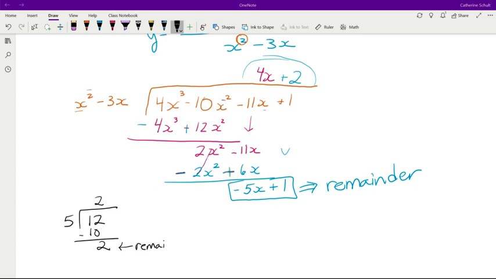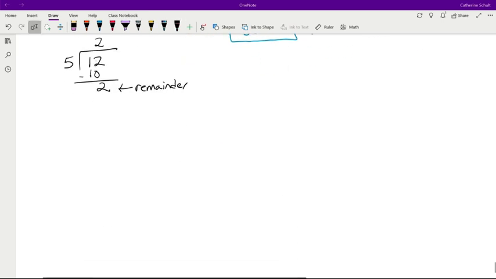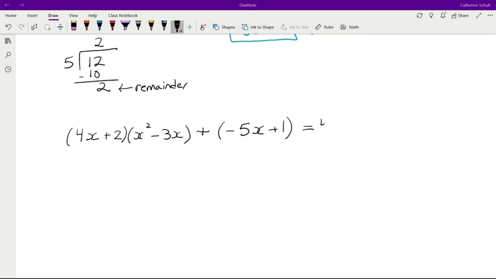And to get back to 12, we do 2 times 5 plus 2 is 12. So 4x plus 2 times x squared minus 3x plus the remainder gets us back here. Let's write that out. So quotient times the divisor plus the remainder gets us back to that dividend.